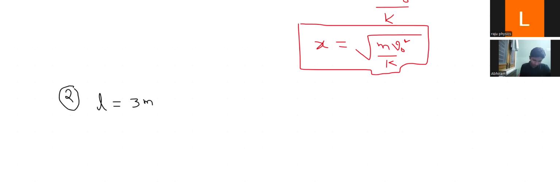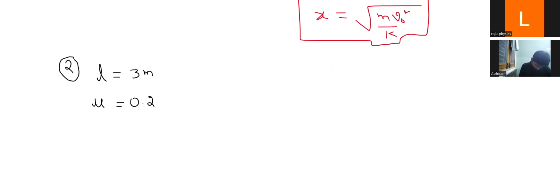The curved portions are frictionless. For the flat part, mu equals 0.2.